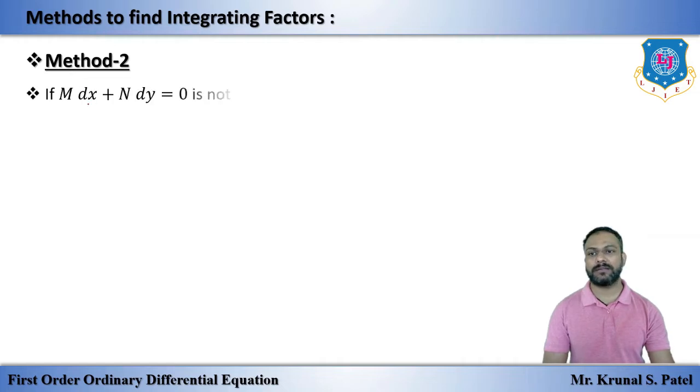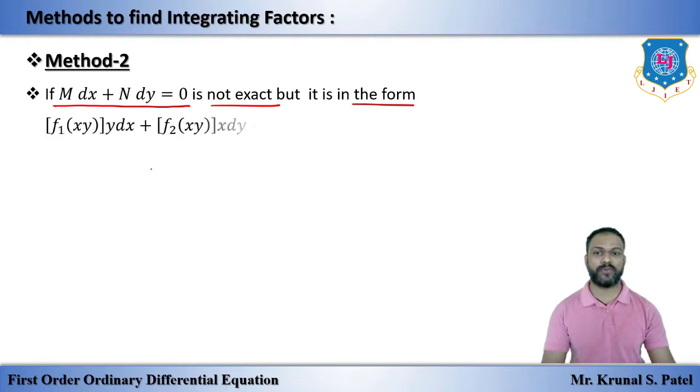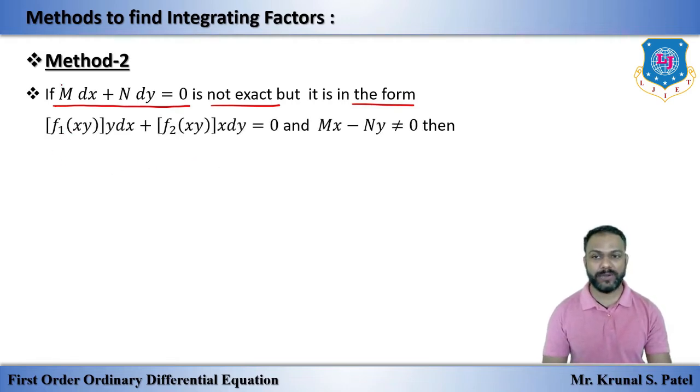In the second method, m dx plus n dy is not exact, but it is of a particular form, this. That means the given differential equation is in this form only. That means function of xy, y dx outside, function of xy, x dy outside.